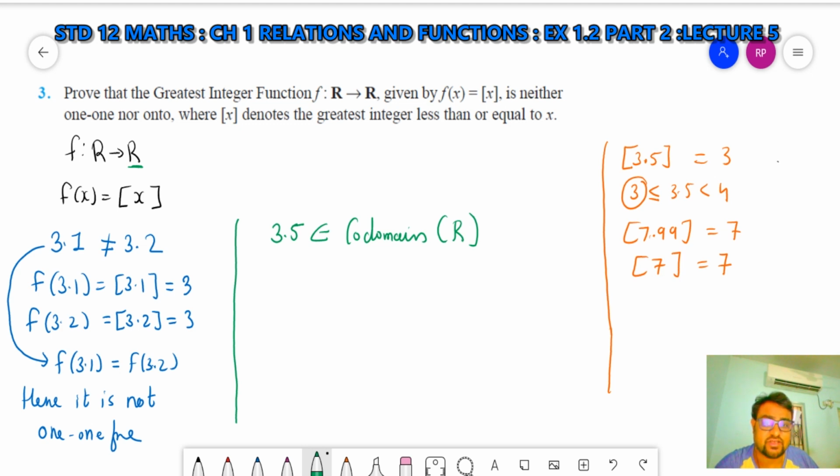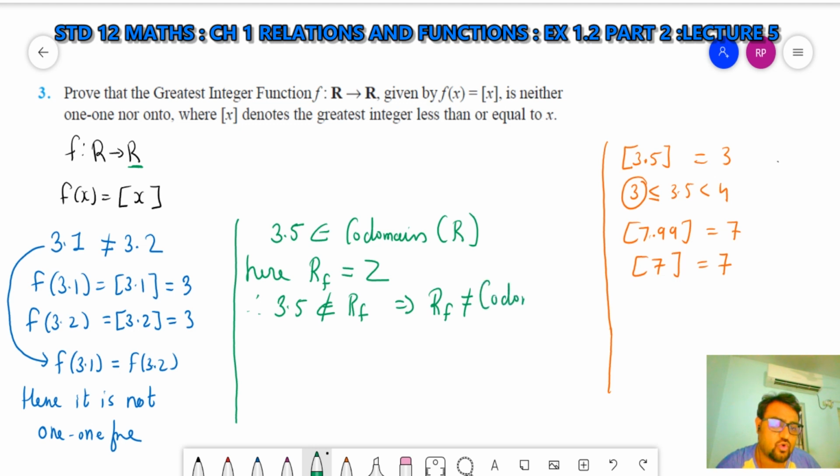The range will be integers, right? Here, the range of the function is equal to Z. Therefore, 3.5 does not belong to the range of the function. So what does this imply? The range of the function is not equal to the codomain. Instead, it is a subset. Therefore, it is not an onto function.